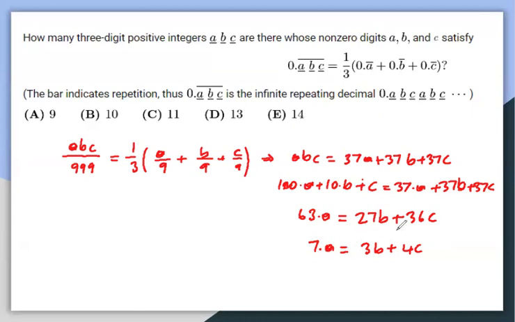We can try plugging in some numbers. Immediately, when you look at the coefficients 3 and 4, they add up to 7, which is the same as this one. So if I choose A, B, and C to be 1, this will be 7 and this will be 7. So 1, 1, 1 actually does work. That's one triple. But this is not special, because I can plug in 2, 2, 2.